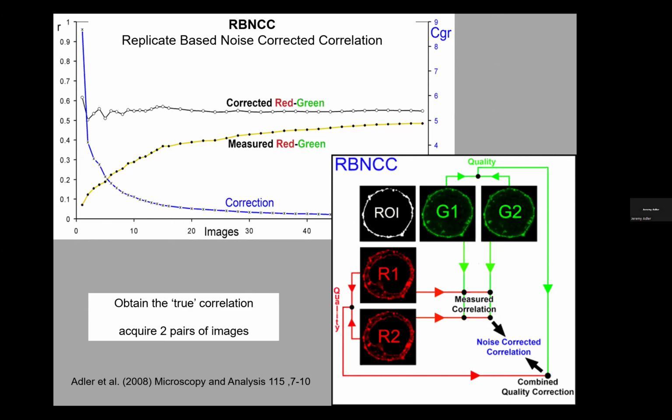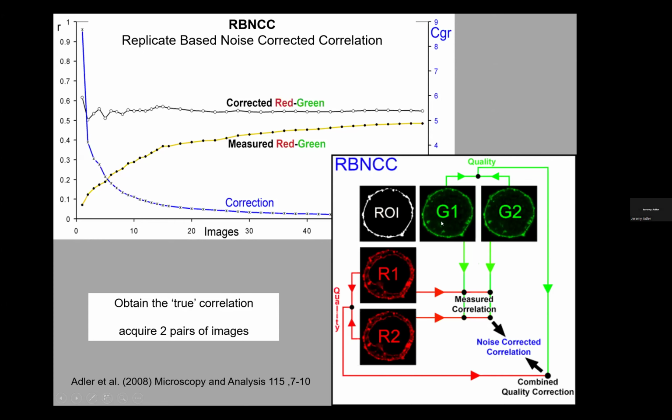If we measure the noise level in these pictures and do the same for the two red pictures, we can correct the measured correlation between the red and the green images. So we're using the fact that a priori we know that these two pictures should correlate perfectly to generate a correction factor.